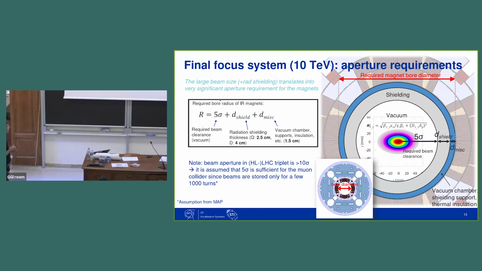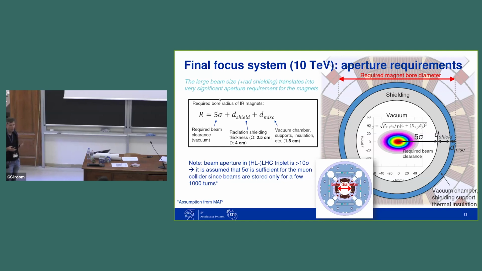For the muon collider, we assume that 5 sigma vacuum aperture is sufficient, so 5 sigma until the vacuum boundary is sufficient for the muon collider because the beams are only stored for a few thousand turns. In other machines, again taking HL-LHC, I know it's a proton machine, we store the beams for hours, even more than a day, and there you have many more processes which lead to tail population.